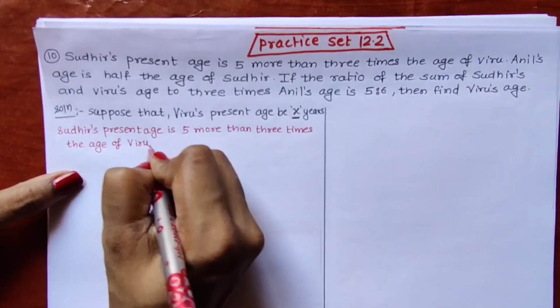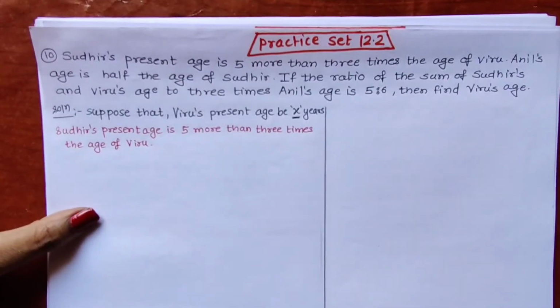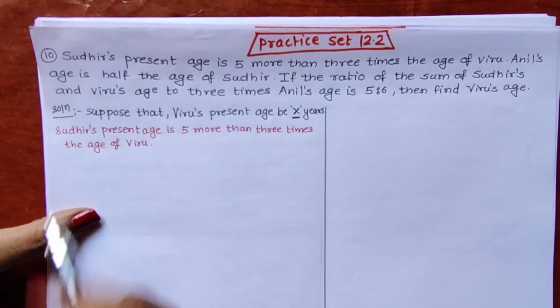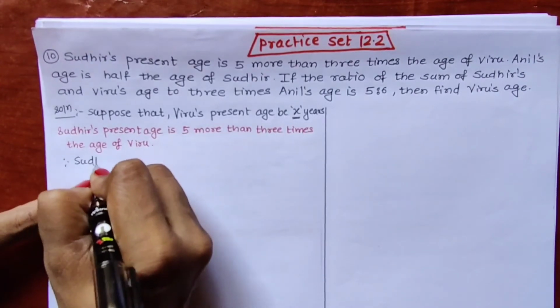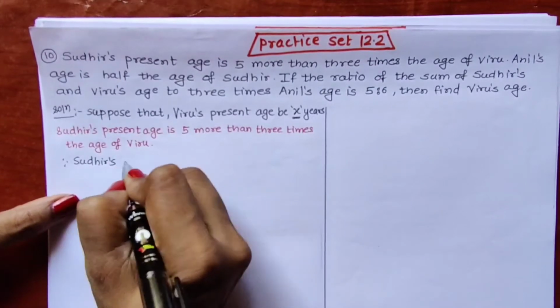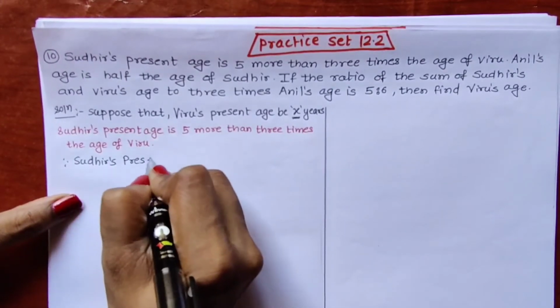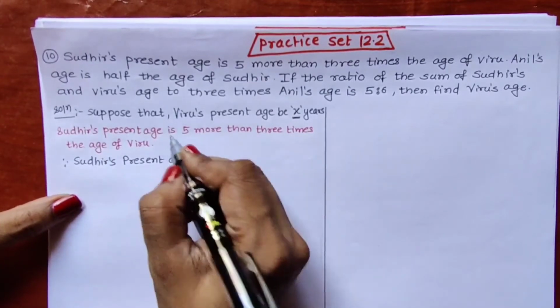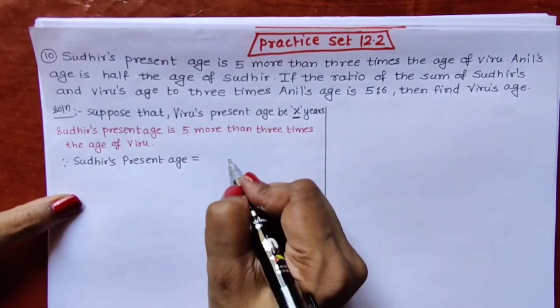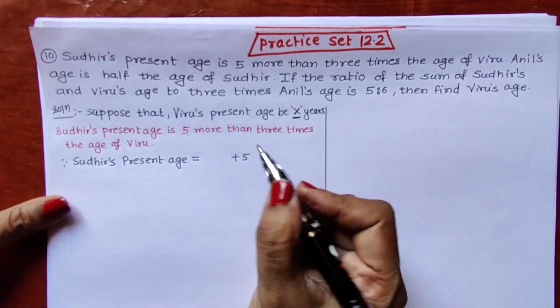See children, from this sentence particularly we have to write Sudhir's present age. So write it properly. Therefore Sudhir's present age is equal to 5 more. 5 more means plus 5. Always keep this in mind.